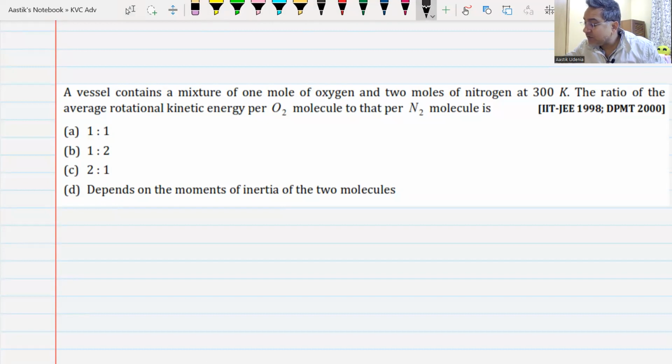Right now, we don't know whether it is rotational or what. Average kinetic energy per O2 molecule and per N2 molecule. What is the answer? I've just taken the rotational part out of the picture. 1:2, sir. Per molecule.